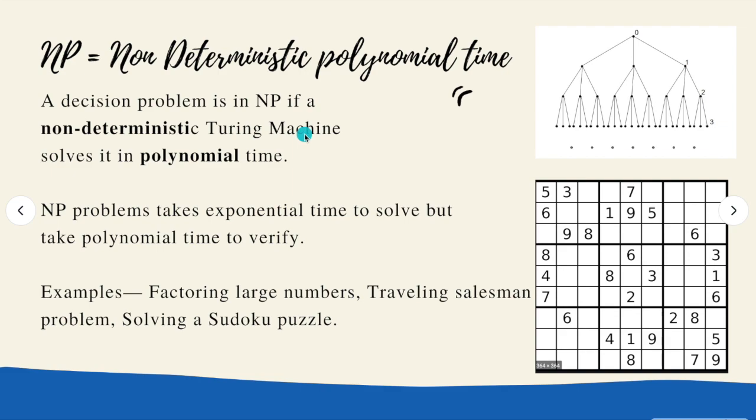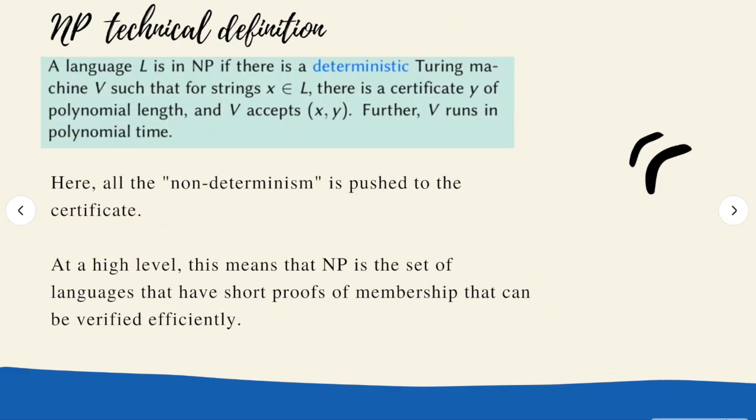That was definition 1. Definition 2 takes a deterministic Turing machine, let's call it V, and it takes in all strings in the language, and it's in NP if there is a certificate Y of polynomial length, if the certificate is of polynomial size, and V accepts X, which is an instance of the problem, an instance of a string X that is in L, comma Y, which is the certificate.